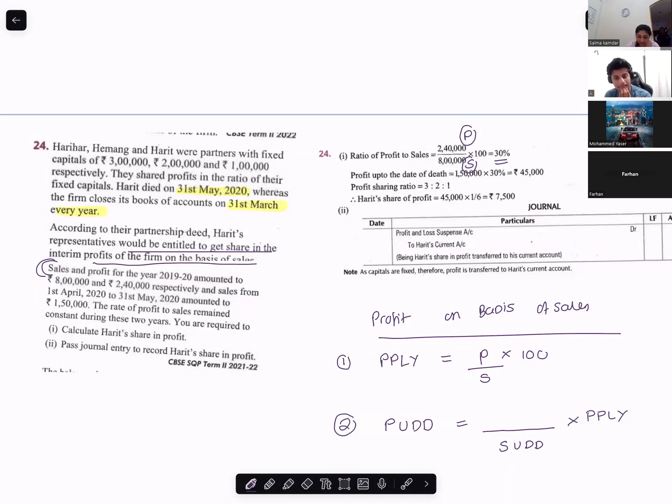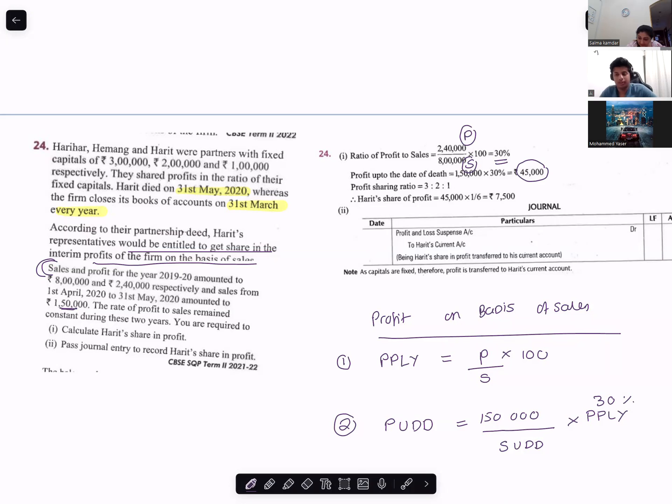Then sales of 1,50,000 into the profit percentage of last year, that is 30%. So you will get profit up to the date of death.